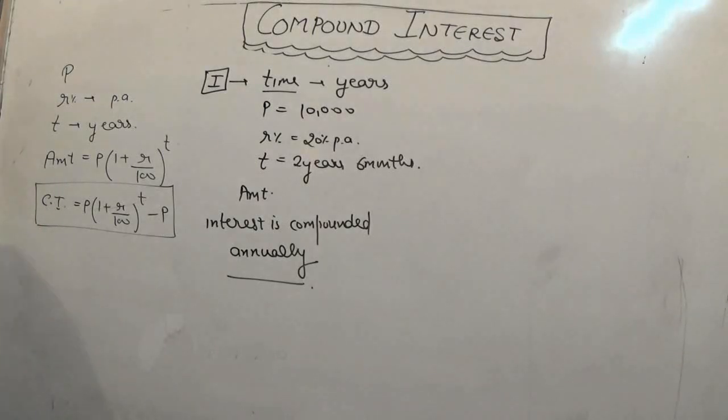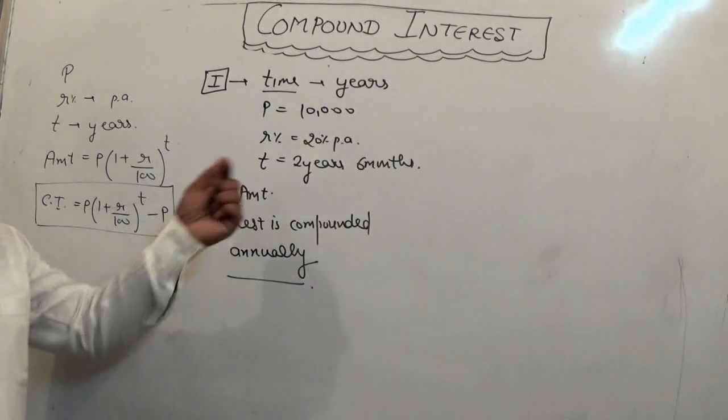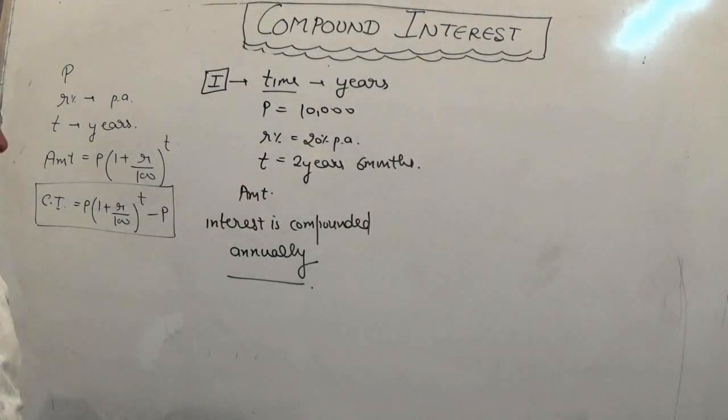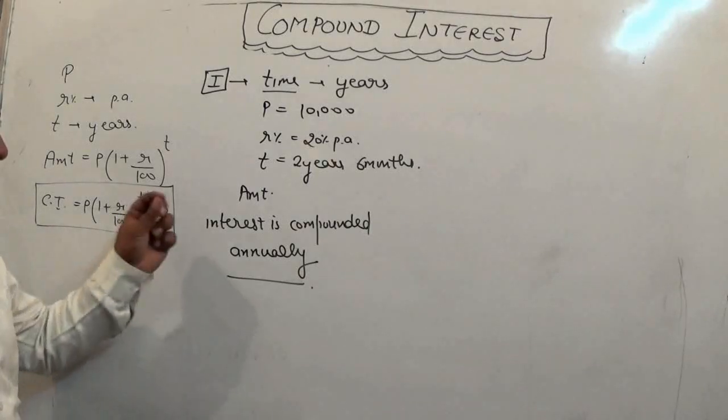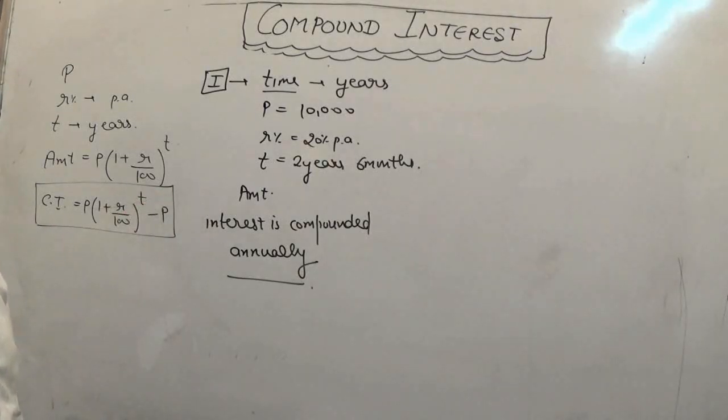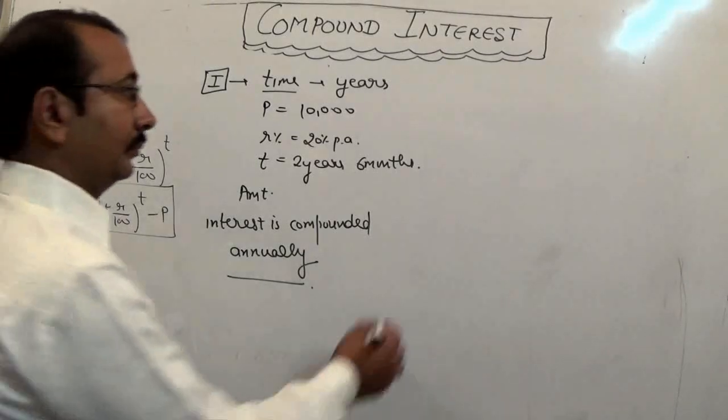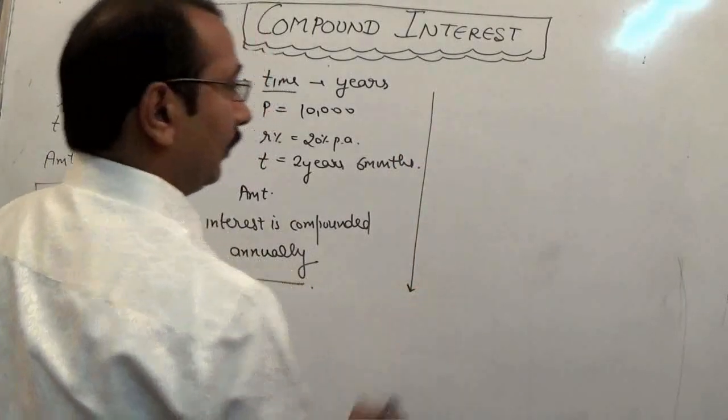Principal is given, rate of interest is given, time is given in years and months, and we have to find the amount where interest is compounded annually. If I have to answer any question of this type, what is the process?